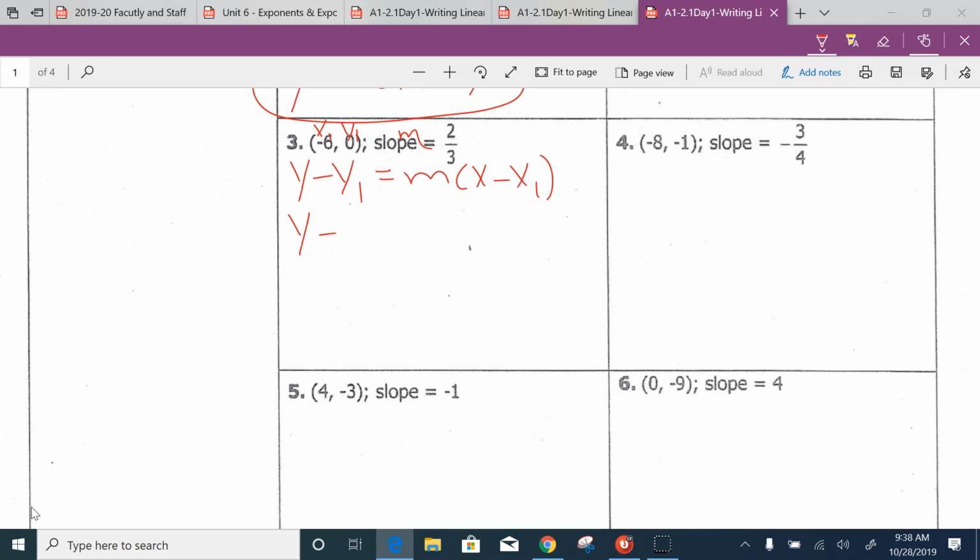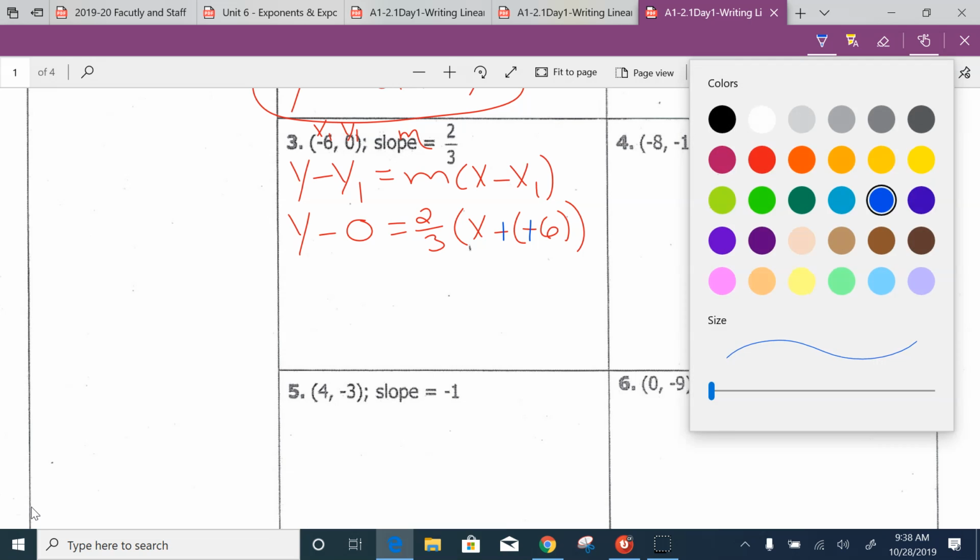Y minus 0, because that's my y1, equals 2/3 times x minus negative 6. Quick reminder, whenever you have minus and a negative, you really have plus. So before I distribute anything, I'll go ahead and change those signs.